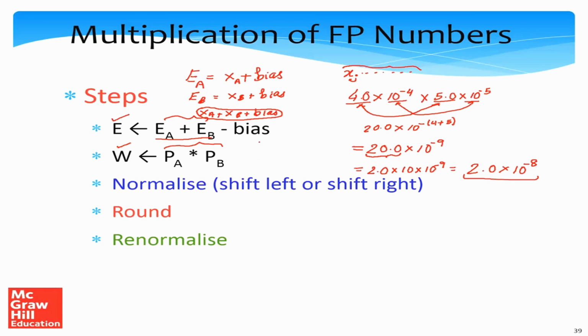This normalization has to be done to ensure that all our numbers are in the normal form. Then if some shifting has been done, some amount of rounding has to be done, because if some bits are being thrown out, we want the remaining significant to reflect their effect at least. Rounding can cause further problems, so we have to renormalize.